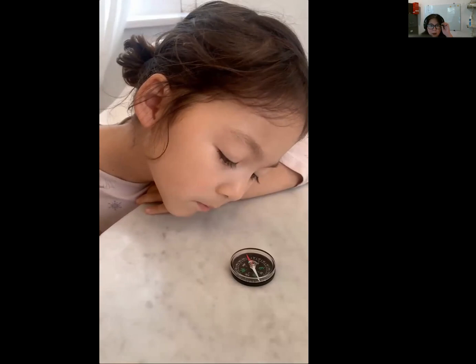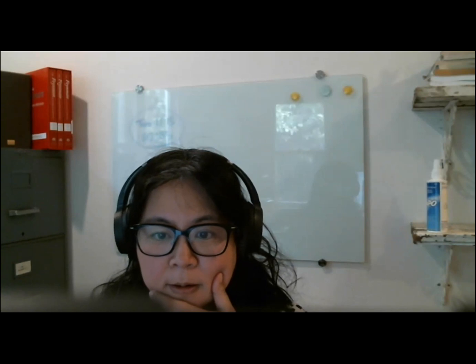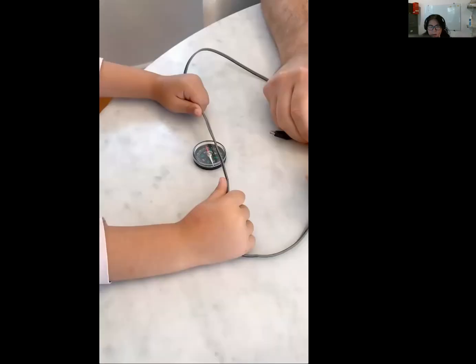So here we have a working compass. I have a very simple setup using this compass.